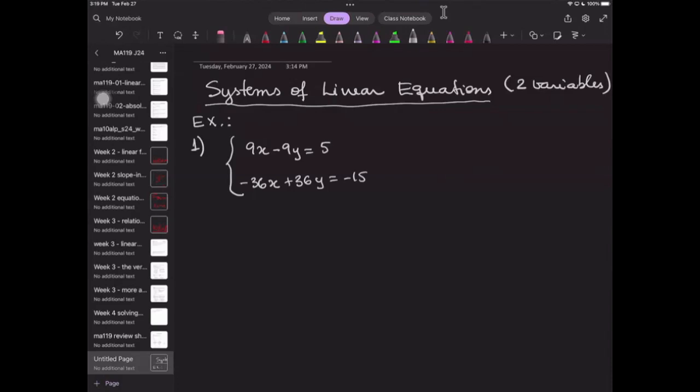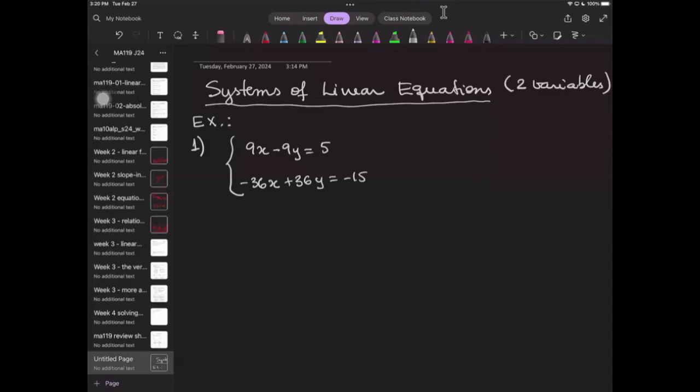So we covered three methods. The first two methods are the addition method, where you add both sides of the equation with the goal of eliminating one of the variables. Before that, you sometimes have to do a little modification of the equation, and then you add left side to left side, right side to right side.